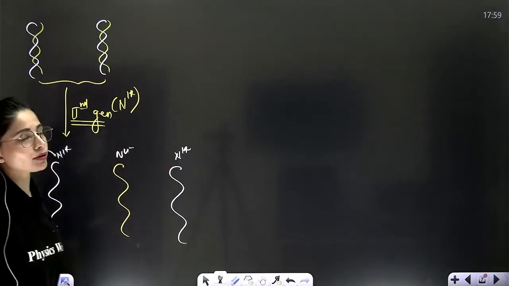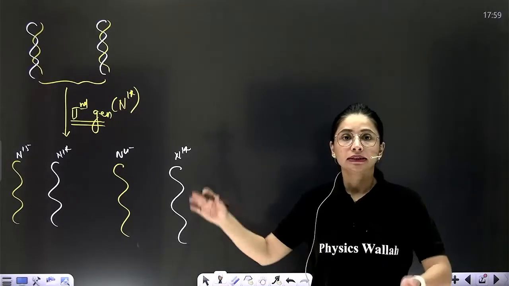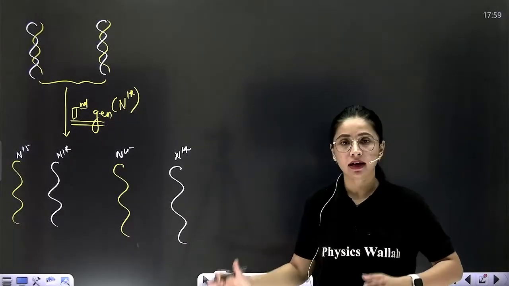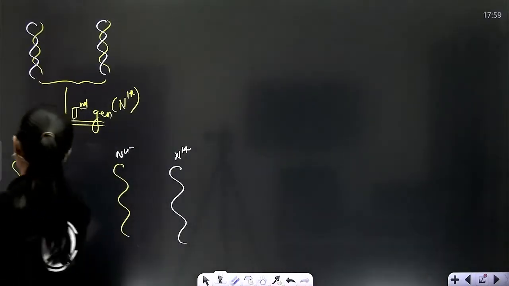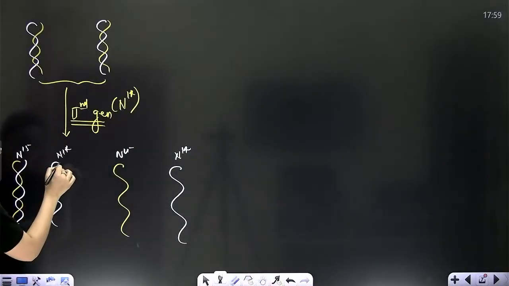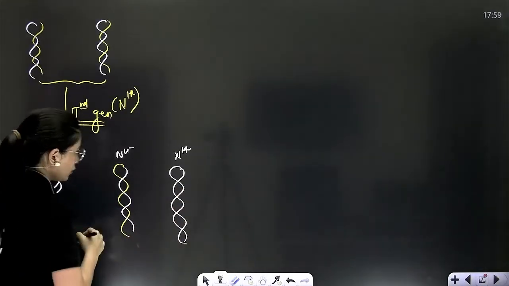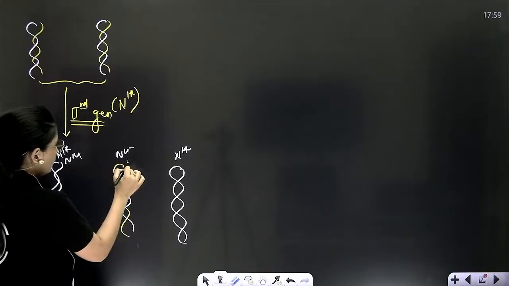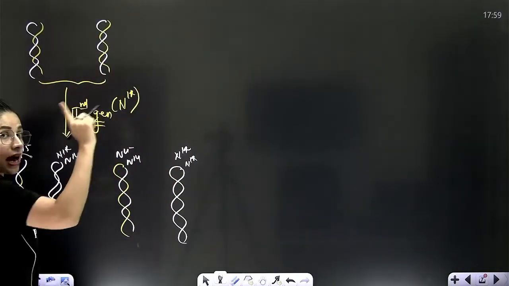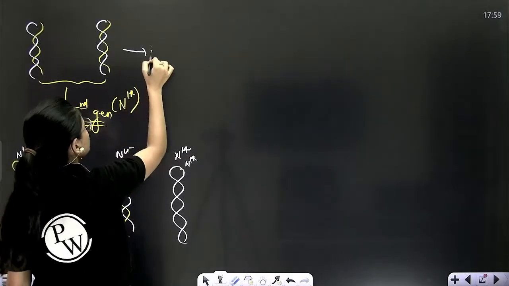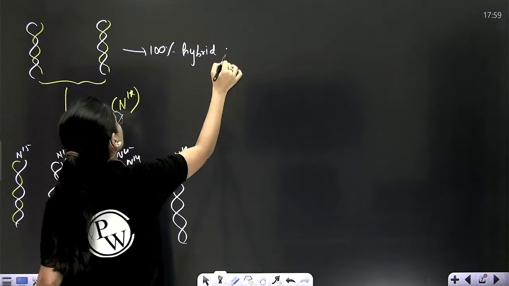Now what will happen? New daughter strand will be synthesized on each parental strand, picking up the nitrogen from the medium, which is N14, following the complementary base pairing rule. So over here, N14 strand, N14, N14, N14. So automatically, initially after the first generation of replication, 100% hybrid DNA was obtained.